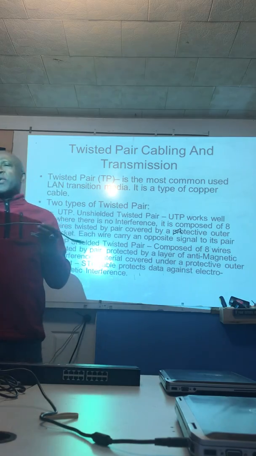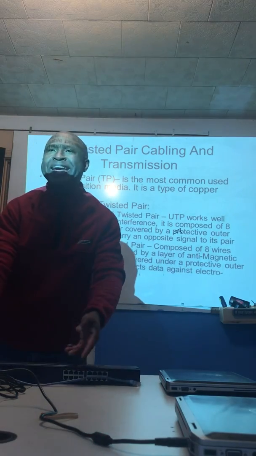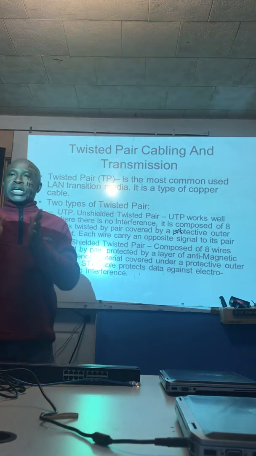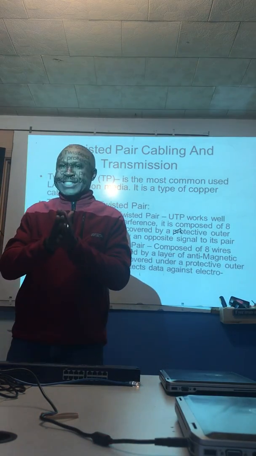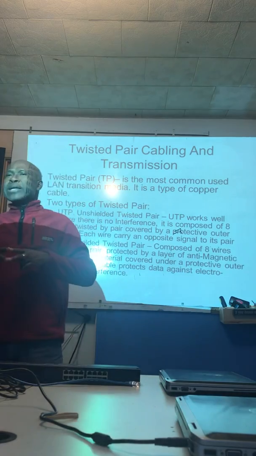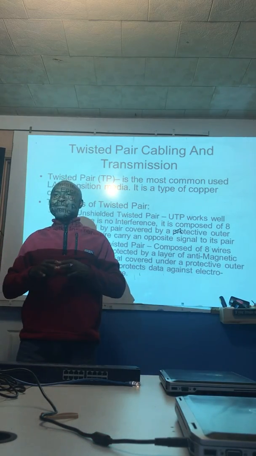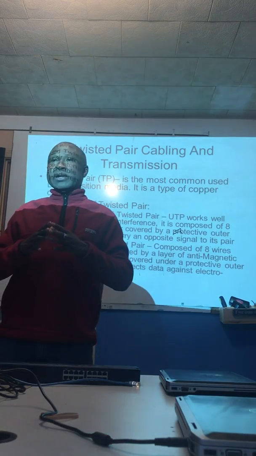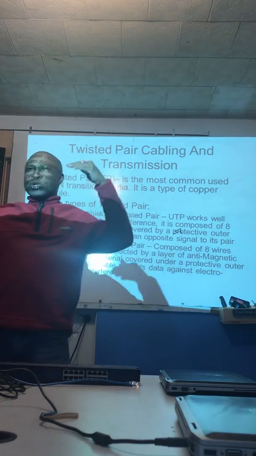So if you have a place that has a lot of electromagnetic interference, you have to use the shielded twisted pair. Another place where you have to use shielded twisted pair is a plenum.